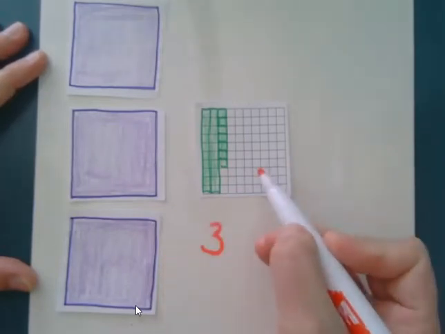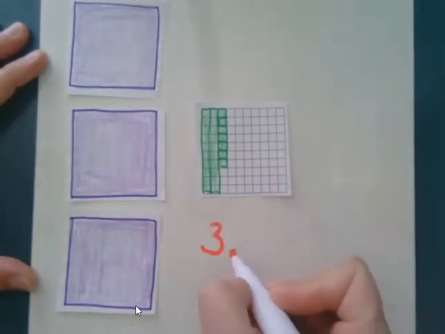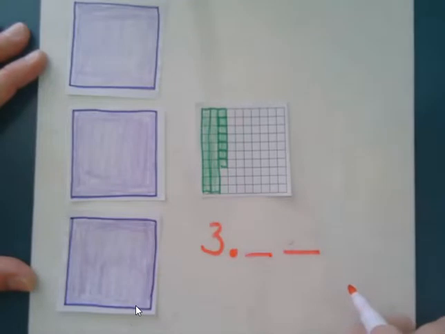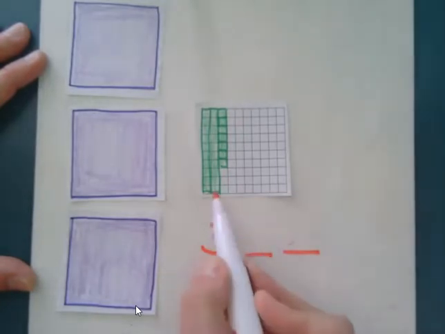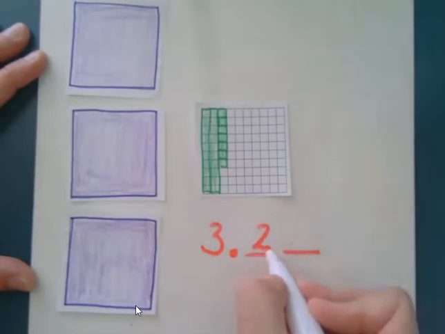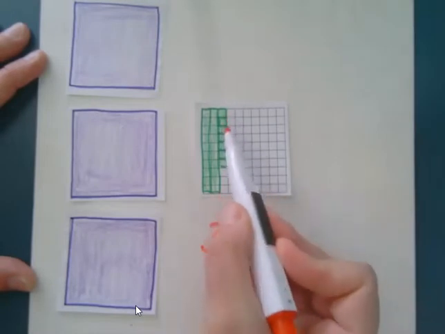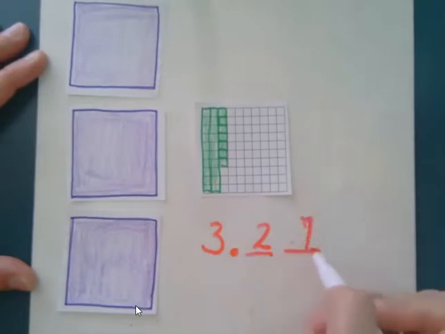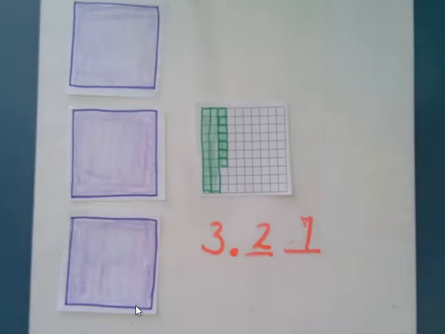I have part of a whole, so I need my decimal. My model is showing hundredths, so I know I need to have 2 digits beyond my decimal. I see that I have 2 rows of 10, and I have 1, 2, 3, 4, 5, 6, 7 hundredths remaining, or 3 and 27 hundredths.